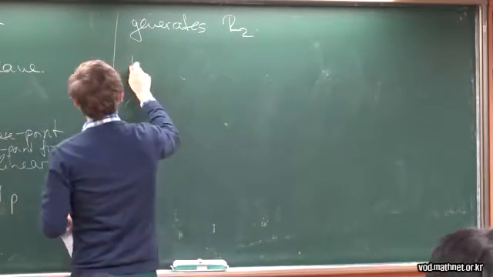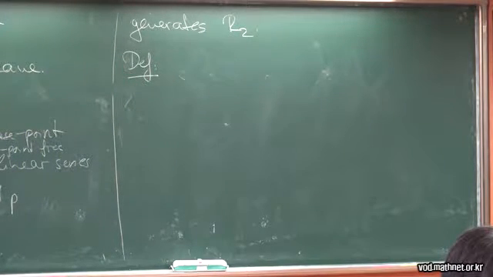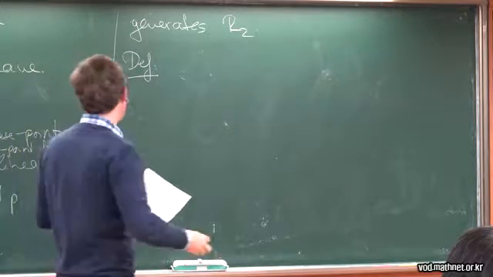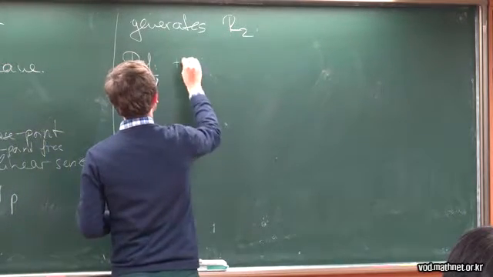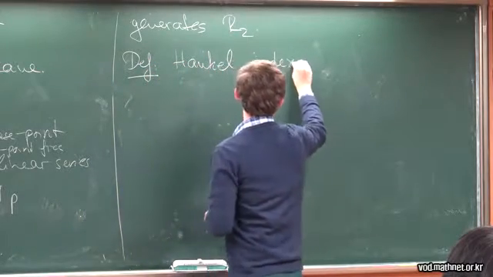Okay. So then how good is this number in detecting the correct ranks of these? And the answer is sometimes that's pretty good. And the rank of these things we call the Hankel index.